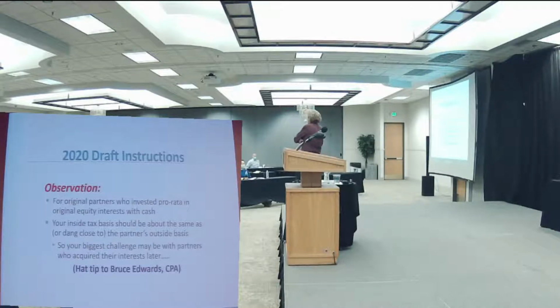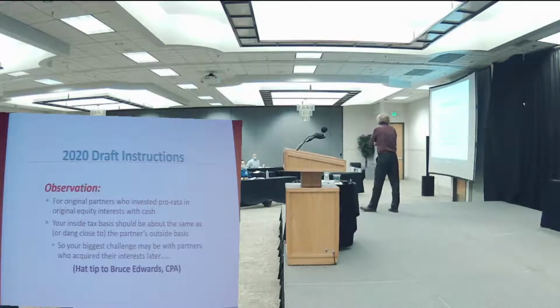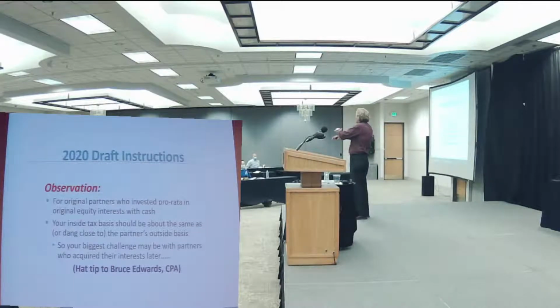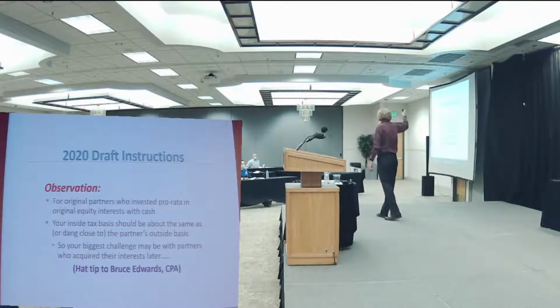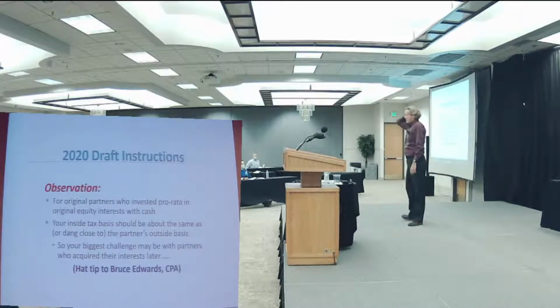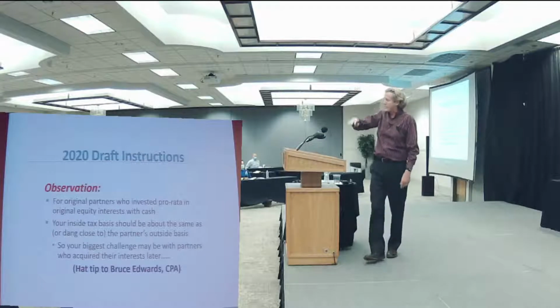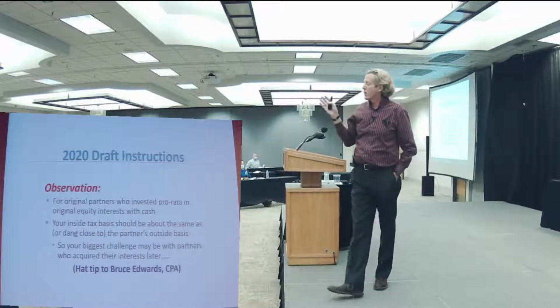He said they do a fair number of fairly large partnerships, and he says, for original partners who invested pro rata with cash in original equity interests, their inside basis of the partnership and its assets, inside tax basis, should be pretty dang close to what people's outside basis was, with the exception of maybe 704s, or 754 step up in basis at death, or a couple cross purchases or whatever.